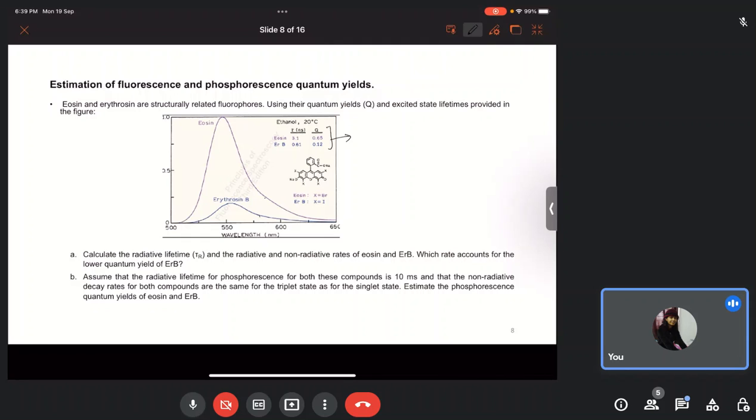In ethanol, the lifetime of eosin is 3.1 nanoseconds, whereas for erythrosin it is 0.61 nanoseconds, and the quantum yields are 0.665 for eosin and 0.12 for erythrosin. Now we have been asked to find the radiative lifetime of eosin and erythrosin.